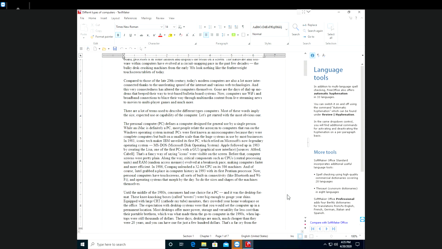That's a fancy way of saying icons were visible on the screen, whereas computer screens were previously pretty plain. Along the way, critical components such as the CPU, central processing unit, and RAM evolved at a breakneck pace, making computers faster and more efficient.